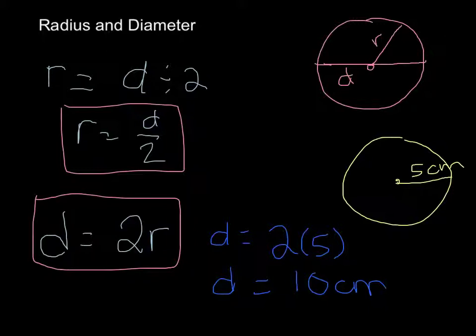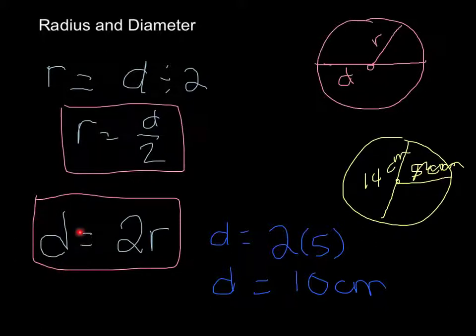On the other hand, let's do one more example. If I have a diameter of, let's say, 14 centimeters, and I'm asked to find the radius, we're going to pretend that this is a different circle because that wouldn't make sense with the same one. So if I had a diameter of 14 centimeters and I'm asked to find the radius, what formula am I going to use?